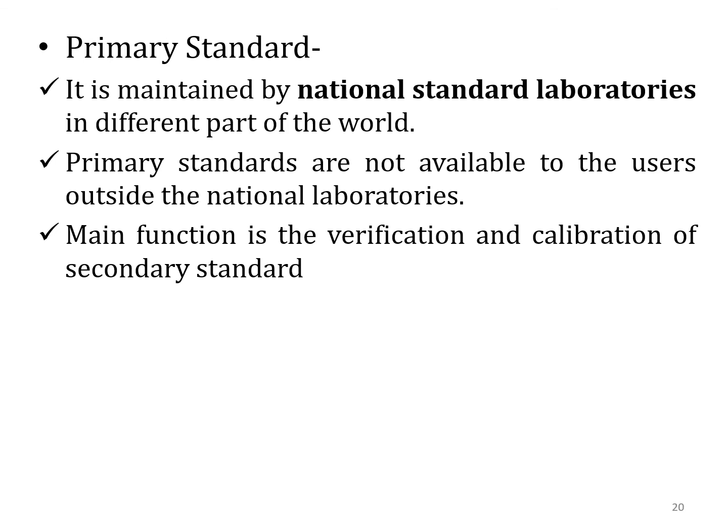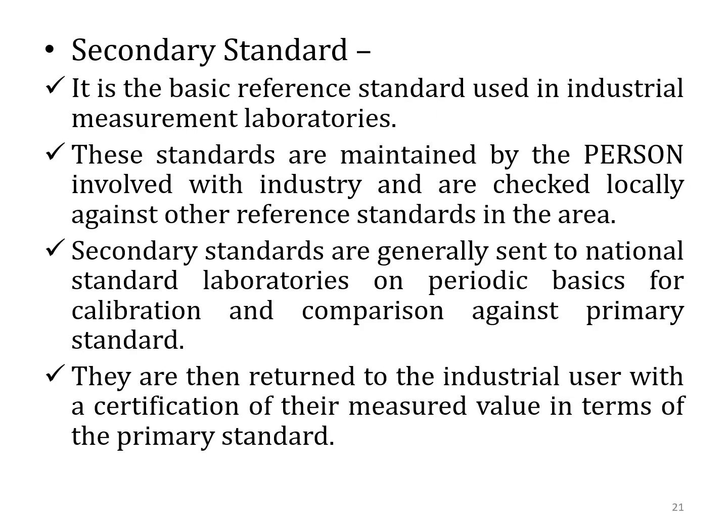After the international standard, we have the primary standard, which is maintained by national standard laboratories in different parts of the world. The primary standards are not available to users outside the national laboratory. The main function is the verification and calibration of the secondary standard. Secondary standard. It is the basic reference standard used in industrial measurement laboratories.